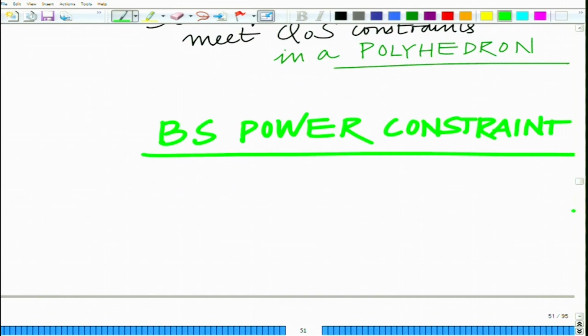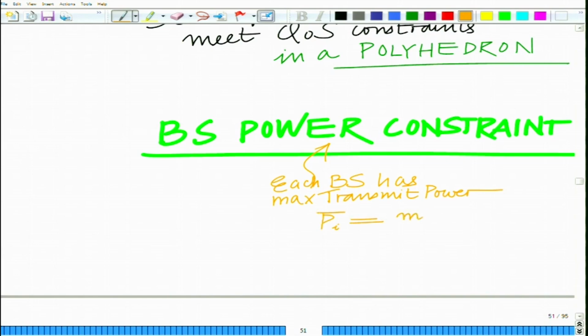Each base station has a certain maximum power, let us call this maximum transmit power P i bar. P i bar equals the maximum transmit power of base station i.